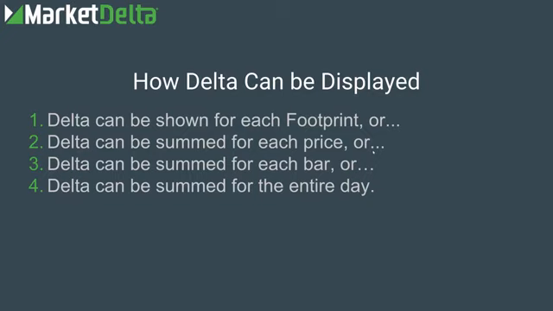Then delta for each bar is just that total delta for the bar, which sums up all the footprint values and gives us a single value for the bar. And then for the entire day, that sums up all the deltas for each bar to give us a running total of delta, which you can really think of as kind of like a running total of order flow.